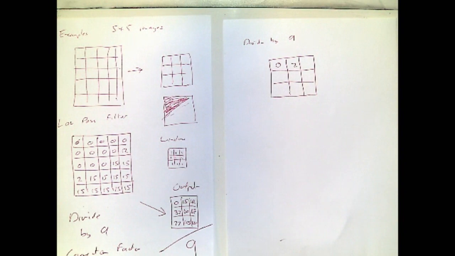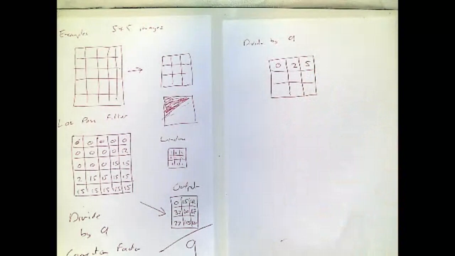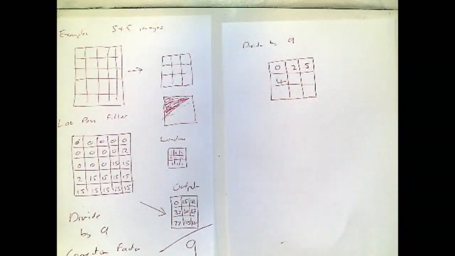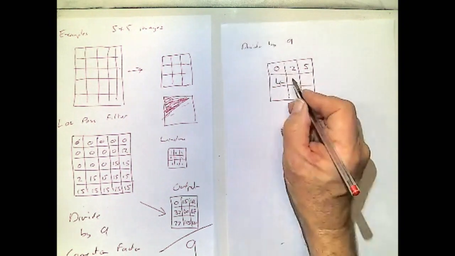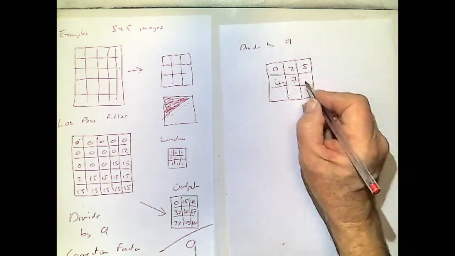Integer. 5. 32 divided by 9. 4. Thank you. 60 divided by 9. 7. 87 divided by 9. 10.